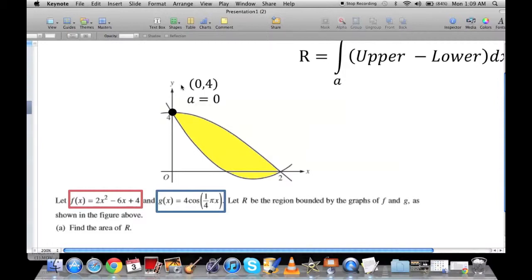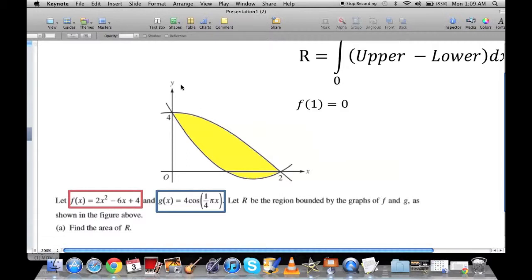First, we must find our integral limits, 0 for the lower limit and 2 for the upper limit. Now we must find which function is upper and which one is lower. We can do that by plugging in any x value between our integral, from 0 to 2, either f of x or g of x.